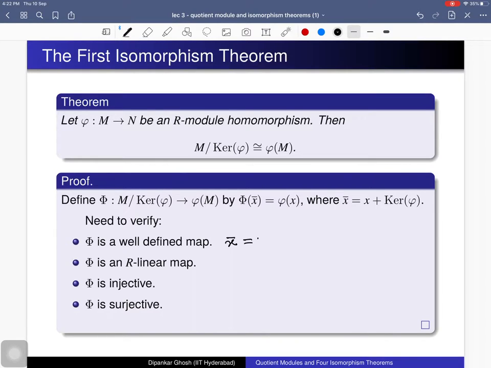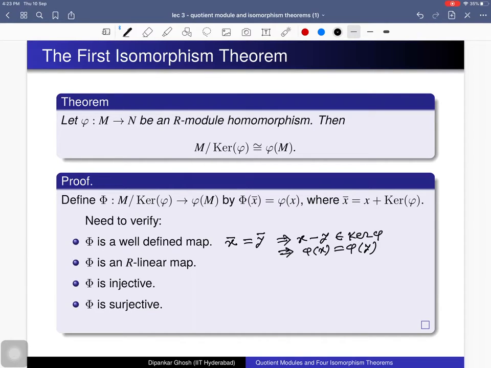Suppose x bar is the same as y bar, that means the equivalence class of x is the same as the equivalence class of y, and the meaning of that is the difference between the representatives of these two equivalence classes should be there in kernel φ, and then that implies that φ of x is the same as φ of y.